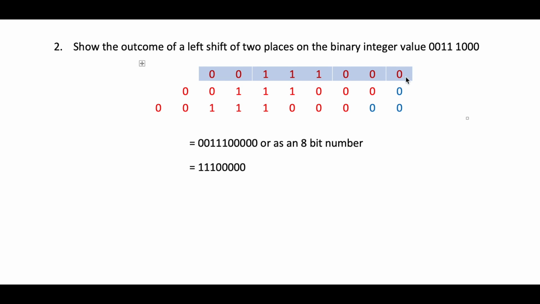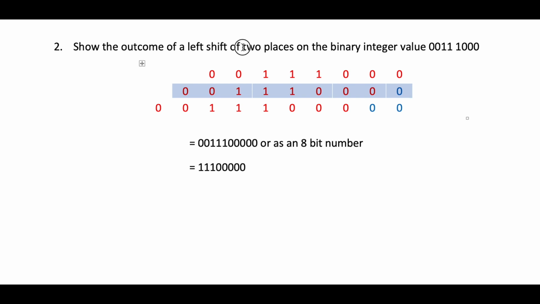So the 0 in red here has moved down and one place to the left. But that creates a space, so I've used blue ink here to represent an inserted 0. So now on this row here, we have performed a left shift operation once.